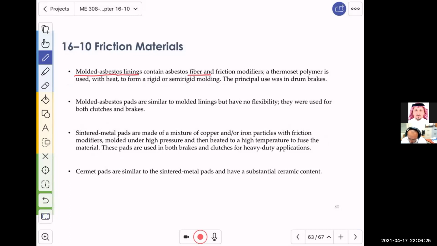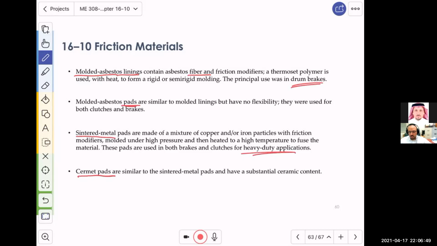We have similar ones made like pads. We have sintered metal pads, cermet pads, and others. So each one is described on how it is made, and whether it is used for heavy duty application or like a drum brake. So this is very interesting.